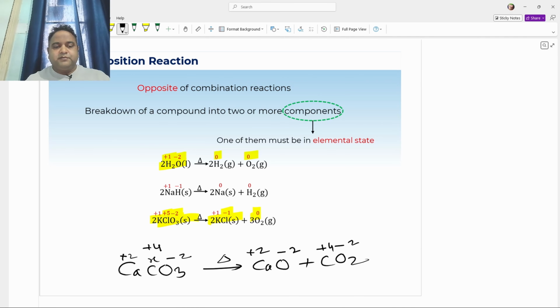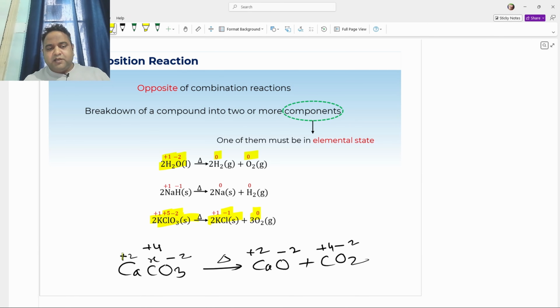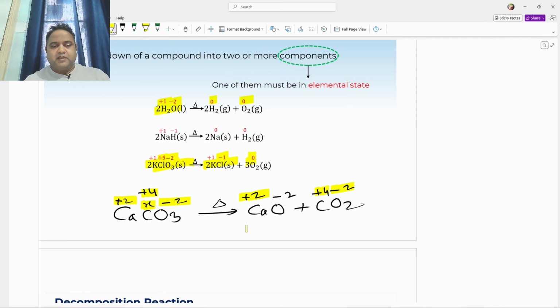Now compare it. If you compare both, what is going to happen? Just check it. Calcium to calcium, left hand side +2, right hand side +2. No change in oxidation state, no redox. Carbon +4 on the left hand side, +4 on the right. Oxygen -2, -2. What is the conclusion here? No change in oxidation state is non-redox.